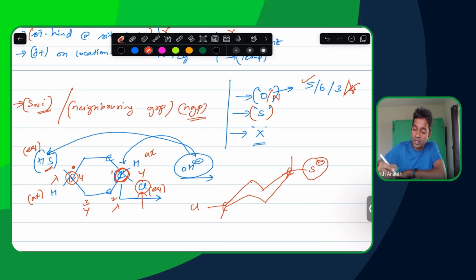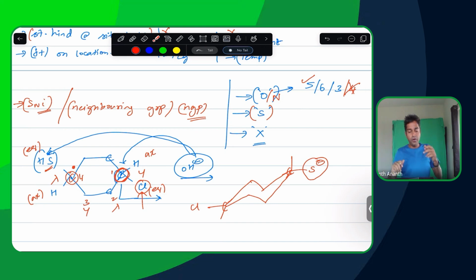That is why I was very specific about making sure that you are familiar with the ring size as much as possible. Because the ring size is extremely critical. This ring size is extremely critical.